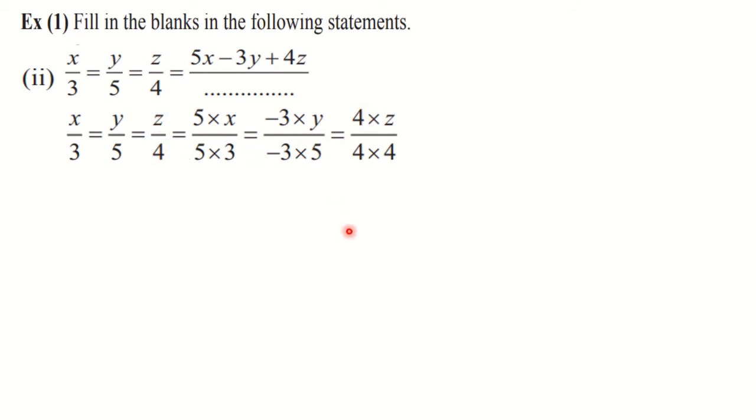Okay. Now we have to write down the answers of this. So 5 into x is 5x and 5 3s are 15, is equal to minus 3y upon minus 15, is equal to 4z upon 16. Now you will observe that we got the required numerators, and now we are going to apply the theorem on equal ratios. You need to write down that statement.